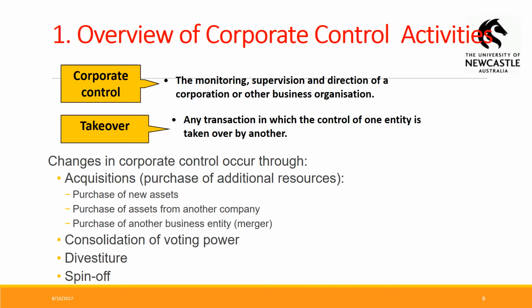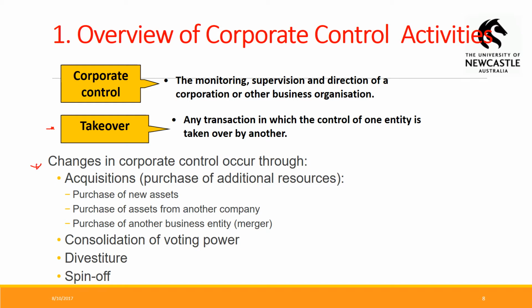So, as an overview of corporate control activities, what do we mean by corporate control? Corporate control is any activity that affects the monitoring, supervision, and direction of a corporation. Takeover is part of the corporate control market. A takeover is a transaction where we have a transfer of control from one group to another.